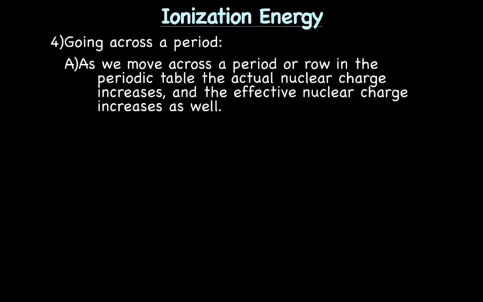All right, how about going across a period? As we move across a period or row in the periodic table, the actual nuclear charge increases, right? And the effective nuclear charge increases as well. We are adding both a proton and an electron as we move across the period, but the electrons are being added into the same row, so no more core electrons block shielding, which leads to an increase in effective nuclear charge, which means the atom is going to hold its outermost electrons tighter.